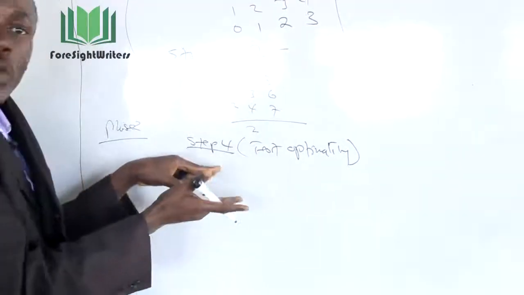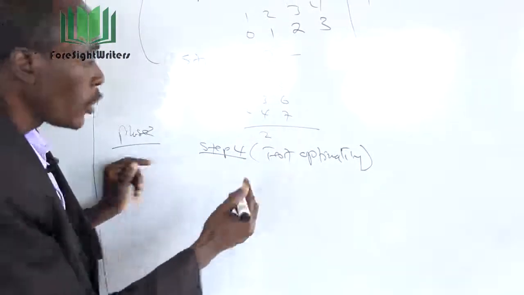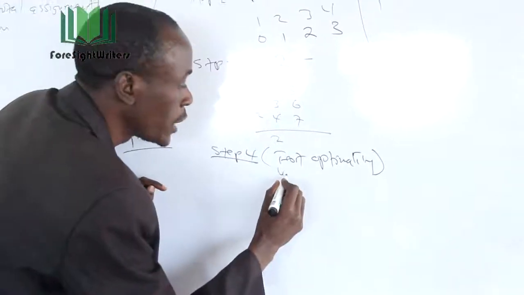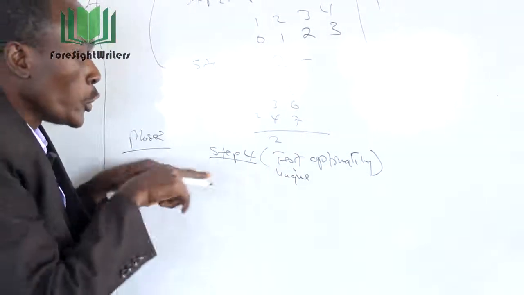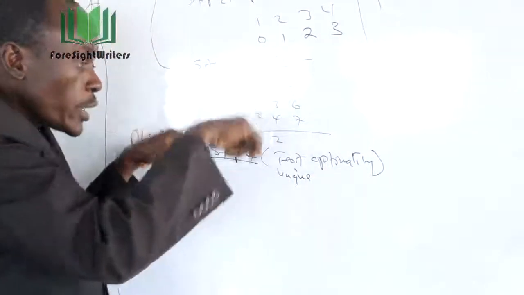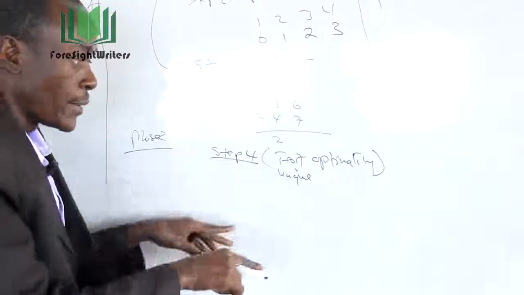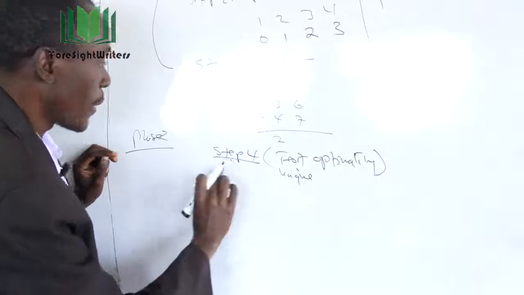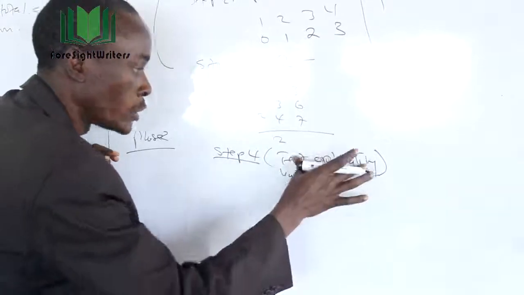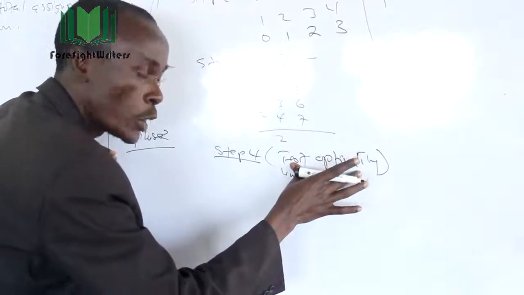In assigning, the rule here is you start by checking at the unique zeros. We will see when we give an example. You assign at unique zeros: a unique zero in the row first, then you check the unique zero in the column, and you assign. That is now our step number 4, where we are going to test for optimality.